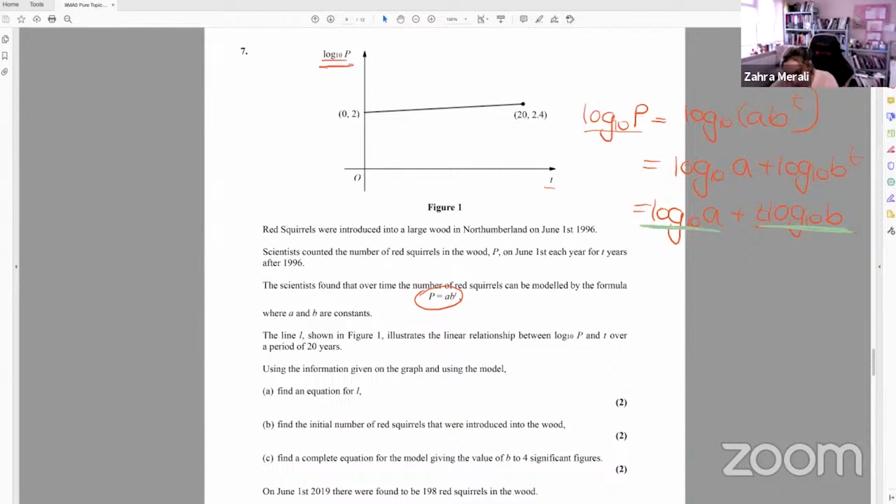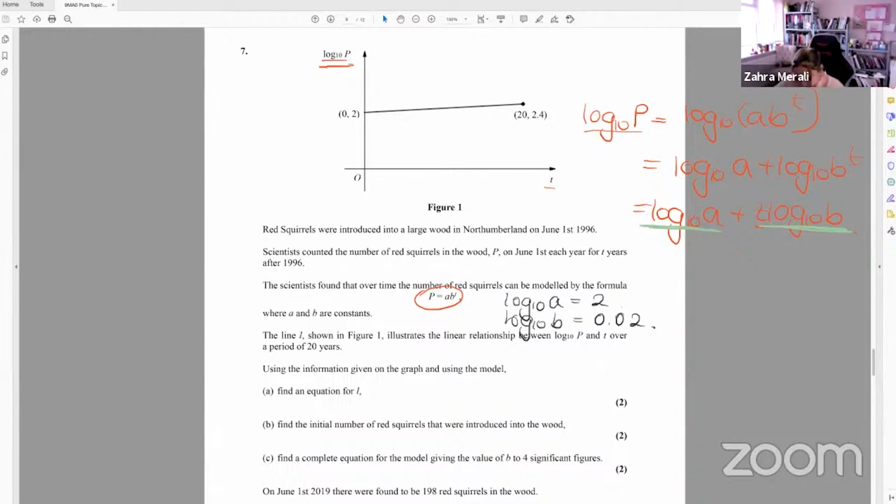So we're going to have log 10A equals 2. And we can work out my gradient. So my change in y over my change in x is going to be from 2 to 2.4. So 0.4 over 20, which is 0.02. So I know that log 10B is 0.02.